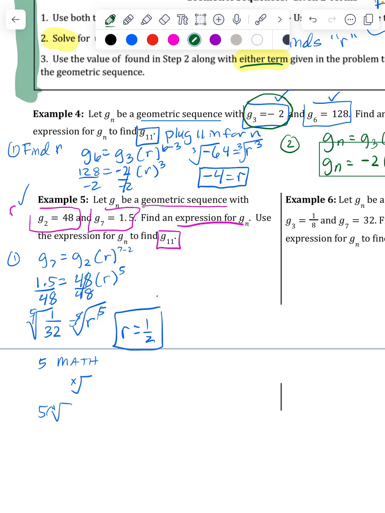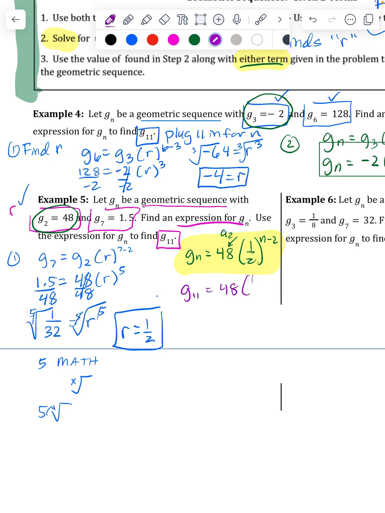Now I'm going to pick this because it just feels easier to use. So I'm going to say, hey, my general equation to get to any term, I'm going to start at my second term, use my R value, and since this was a sub 2, my power is going to be n minus 2. So this is going to be my overall general equation. And then I can use that for my step 4, which is to find g sub 11.